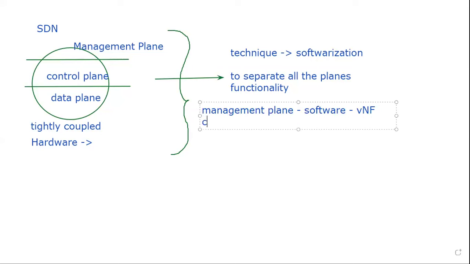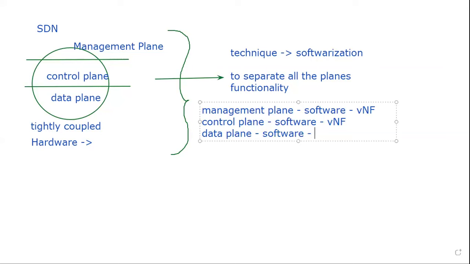In a similar way, the control plane is a separate software now, no longer available within the router, and it is also a virtual network function. Similarly, the data plane is a software and a separate virtual network function. All three are separated with a technique called softwareization, and that is known as SDN.